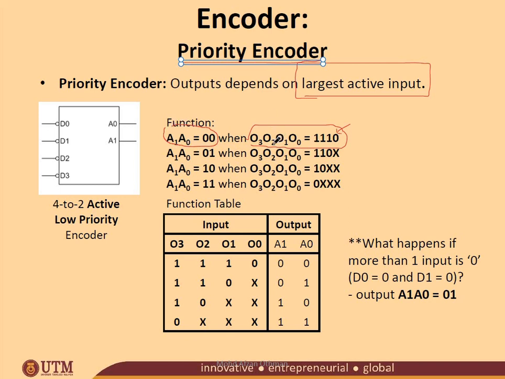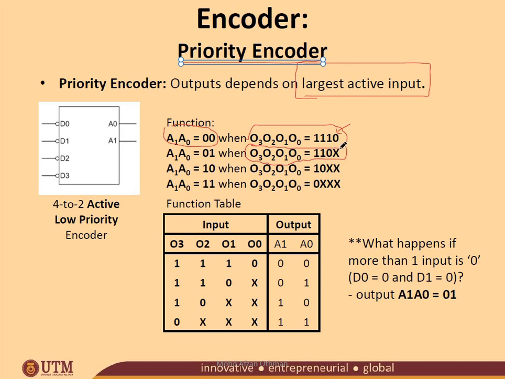Okay, next, imagine that we have the next combinational inputs of 1, 1, 0 and don't care. What does it mean by don't care? Because even if we have 1 or 0, it will not be considered. Okay, it will still refer to this as the first priority.